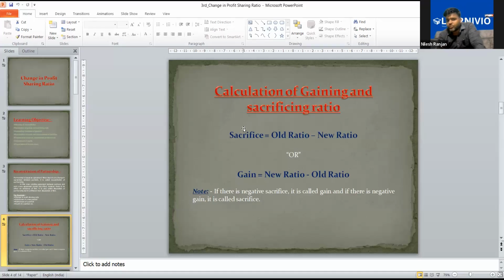You can see the note also. If there is negative sacrifice, it is called gain. And if there is negative gain, it is called sacrifice.